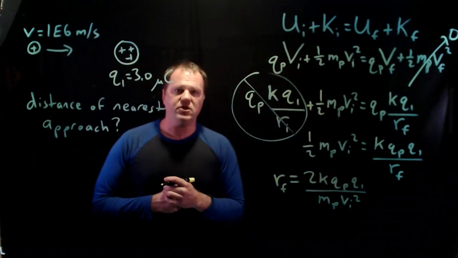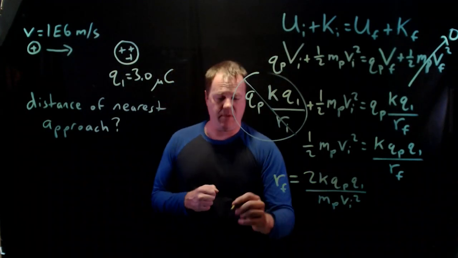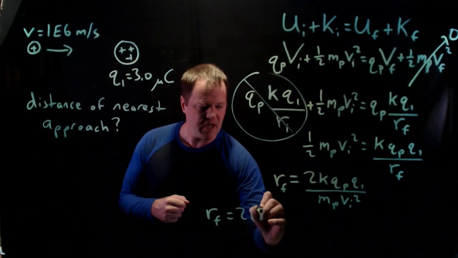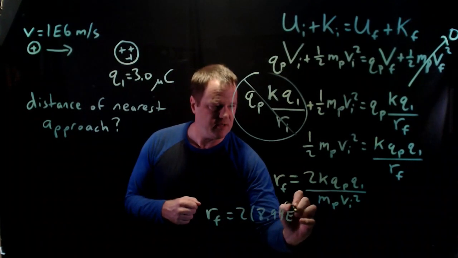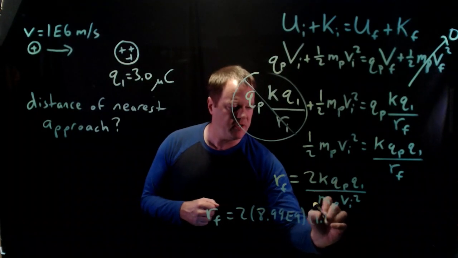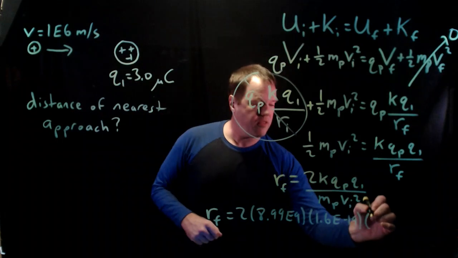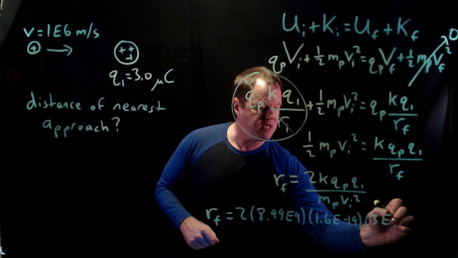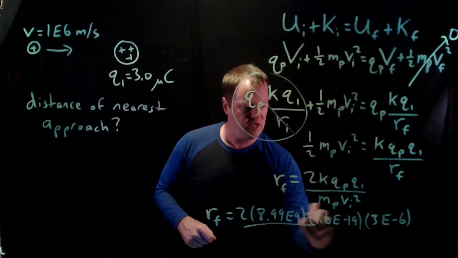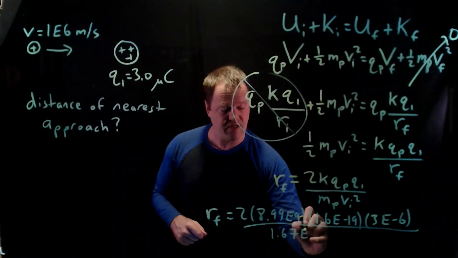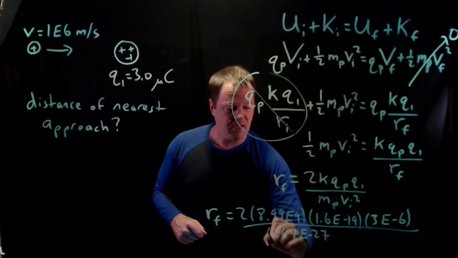Then we can just throw numbers into that formula. 2 times 8.99 times 10 to the 9th. Charge of a proton, 1.6 times 10 to the minus 19. Q1, 3 microcoulombs, so 3 times 10 to the minus 6 coulombs. Mass of the proton, 1.67 times 10 to the minus 27 kilograms.